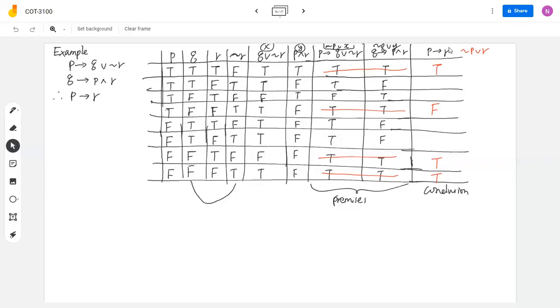If the argument is valid, we should have true, true, true, true. The truth value of the conclusion in the critical rows should all be true. But then we find that there is a false. So that means the argument is invalid.